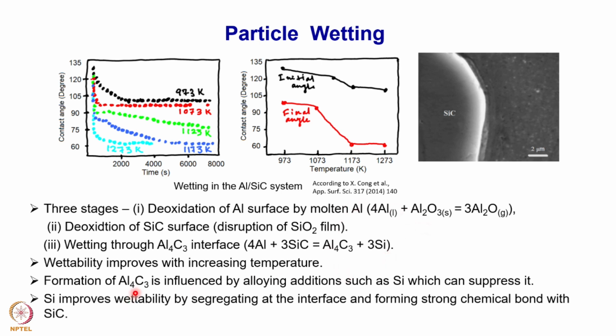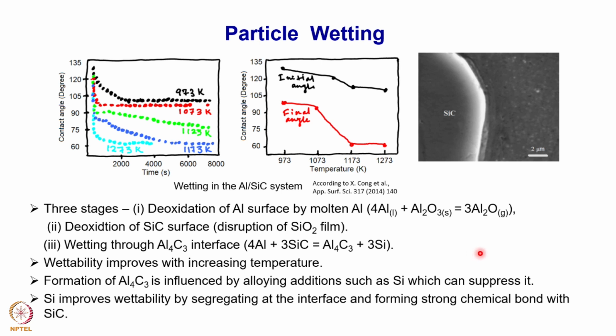And formation of such interfacial reaction products is influenced by alloying additions such as silicon, which can suppress it. So if you want to prevent the large scale formation of aluminum carbides, and you want them only restricted as a thin layer along the interface, then silicon is an alloying element which can be added to prevent the formation of aluminum carbide as a reaction product rather than as a thin interfacial layer.